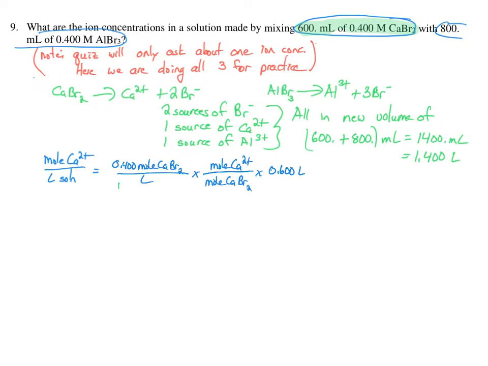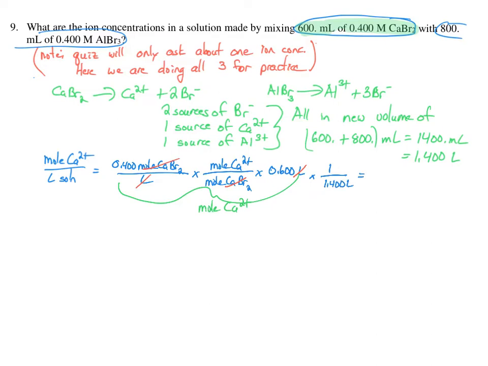Okay, so this much of the calculation here tells us the moles of calcium 2 plus ions that are in that solution. As we see, our liters cancel and the moles of calcium bromide cancel. So that gives us the moles of calcium, but now we are in 1.400 liters of solution.